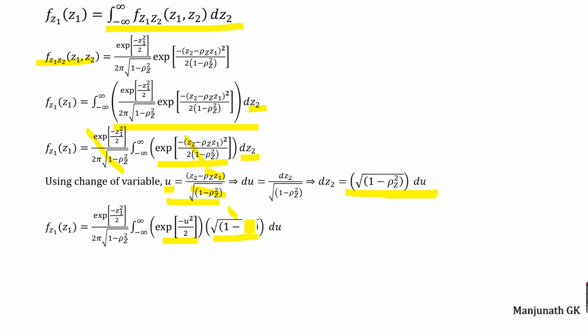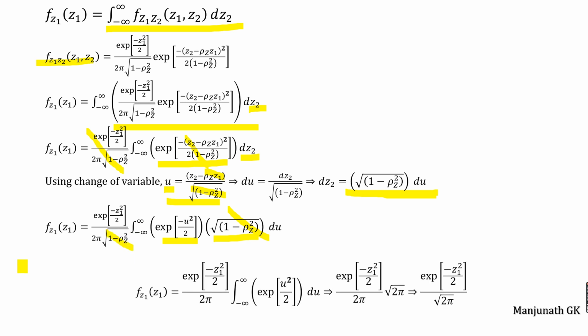So take it outside. This term and this term can be cancelled. Only remaining terms are e to the power minus z1 square by 2 and the integral, which is nothing but a gamma function. It can be replaced by square root of 2 pi. As a result, the remaining term is exponential of minus z1 square by 2 divided by square root of 2 pi. So the probability density function of z1 is calculated from the given bivariate probability density function.